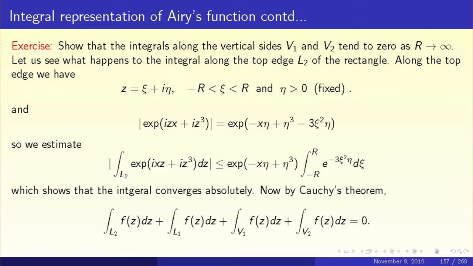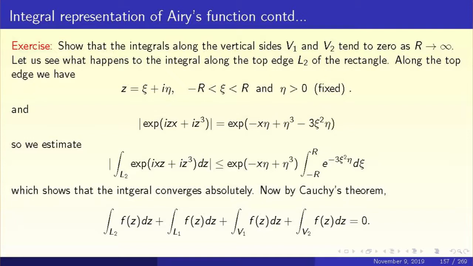We get the estimate: the integral over L2 of exponential of i x z plus i z cube dz is less than or equal to exponential of minus x eta plus eta cube into the integral from minus r to r of exponential of minus 3 chi squared eta d chi. And the integral converges absolutely. So there is no problem with the top edge.